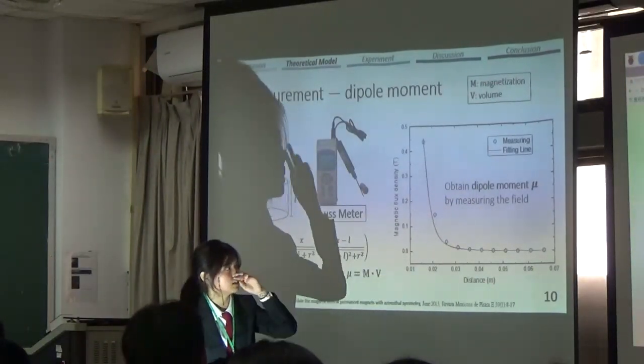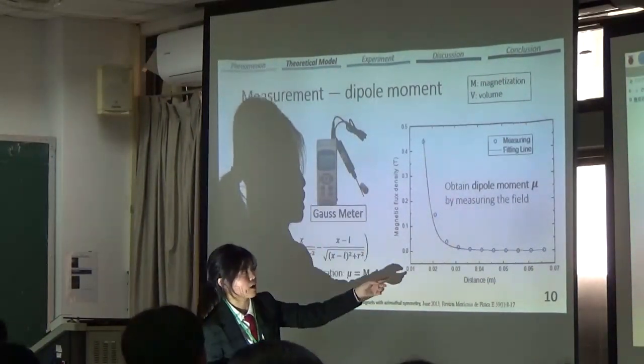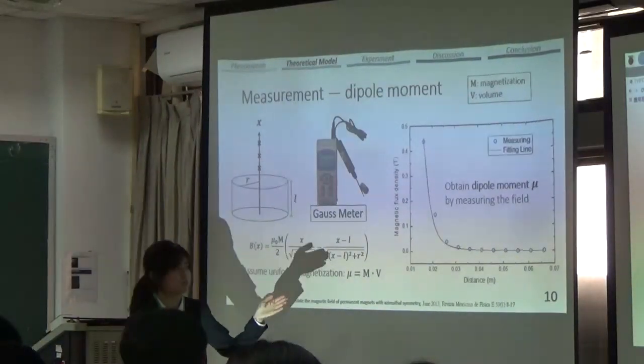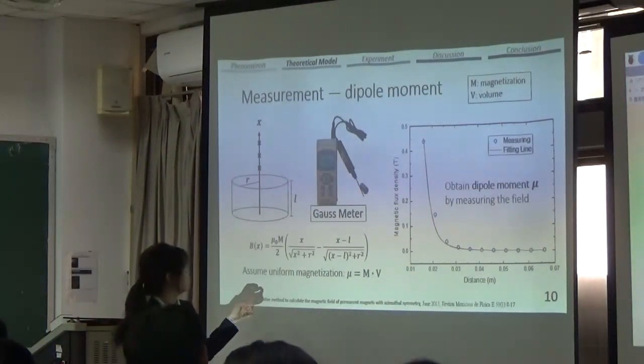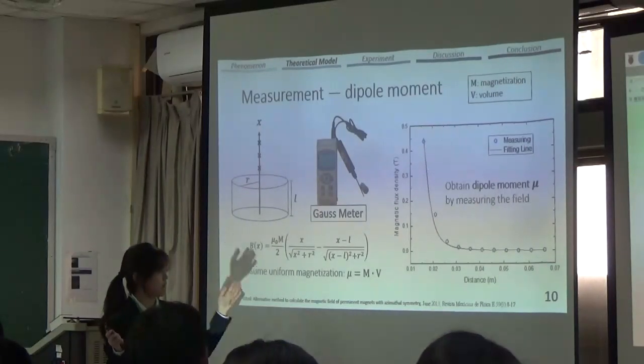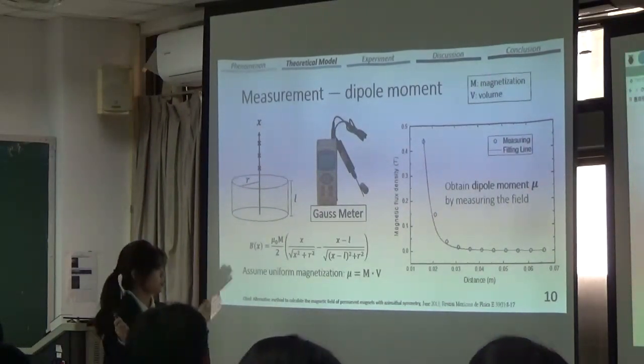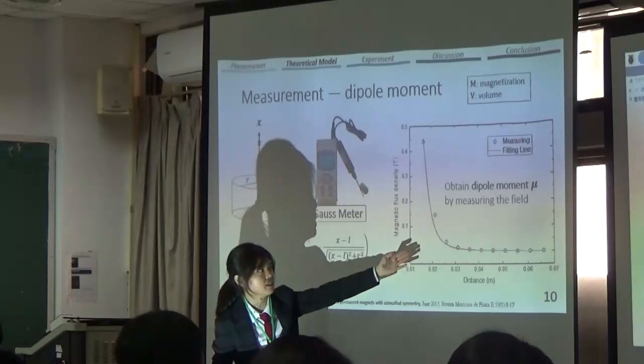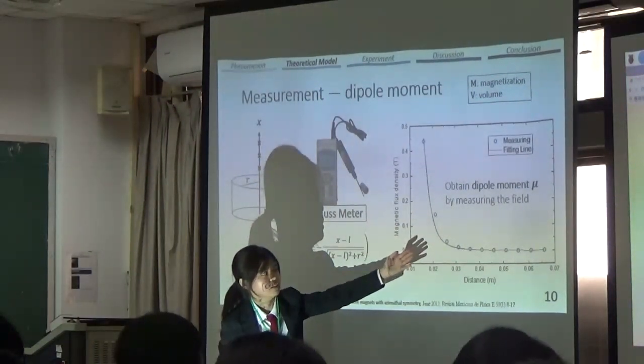This is a graph that shows the dipole moment mu obtained by measuring. And we assume the magnetic field is uniform, so we can fit a line to the measurements.